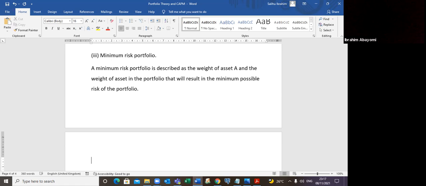If you want to construct this portfolio, the first thing is to compute the weight of A. That's the first thing I compute. Compute the weight of A in the portfolio using the formula below.